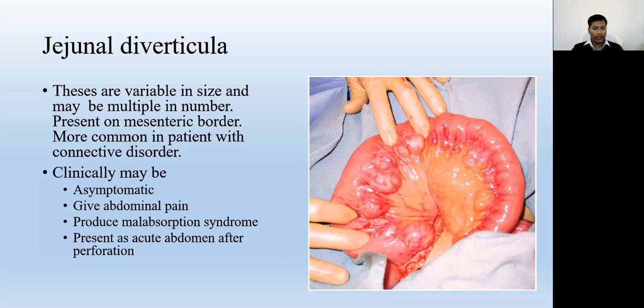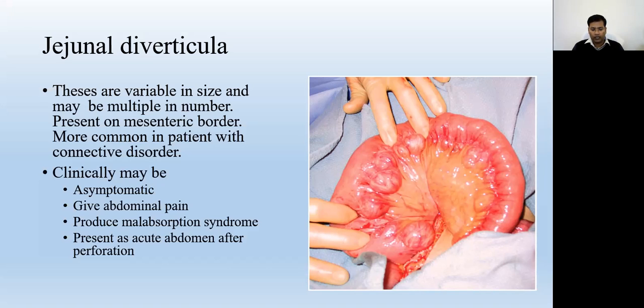And if any diverticulum, after getting obstructed, infected, and then perforated, presents as an acute abdomen. Perforation is an acute condition. If any part of the intestine, either duodenum, stomach, intestine, colon, gets perforated, then it produces peritonitis, first local, then general, and that patient may go into septic shock.